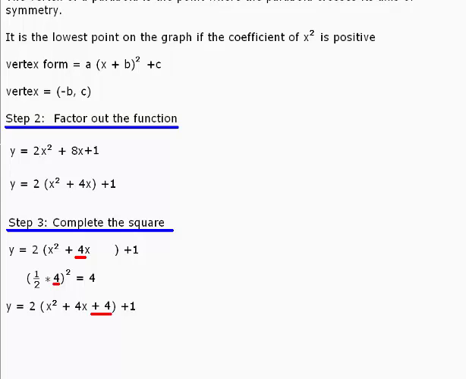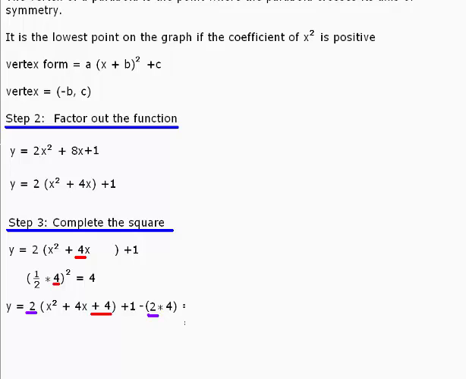So here I've added the 4. And bear in mind, if you're adding the 4, you also have to subtract it in order not to change the original function. So we'll do that here by subtracting 2 times 4. I'm multiplying the 2 here because there's also a 2 in front of the bracket of the original function, which is multiplying the 4.